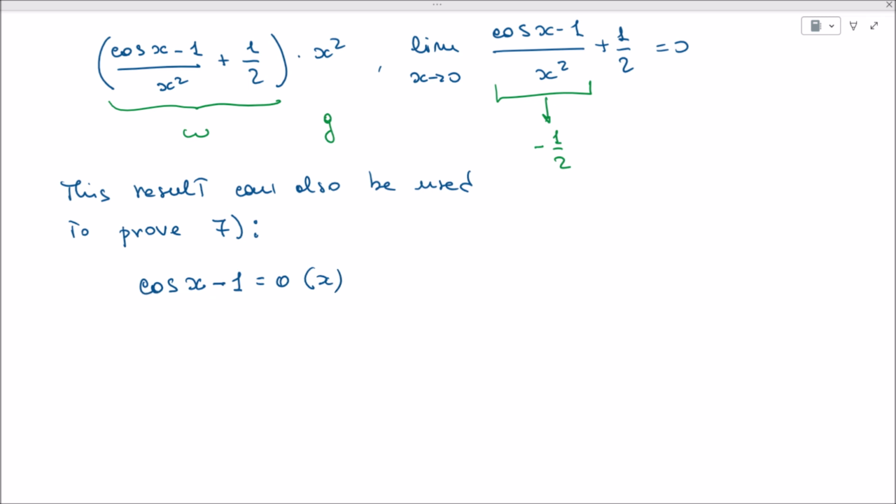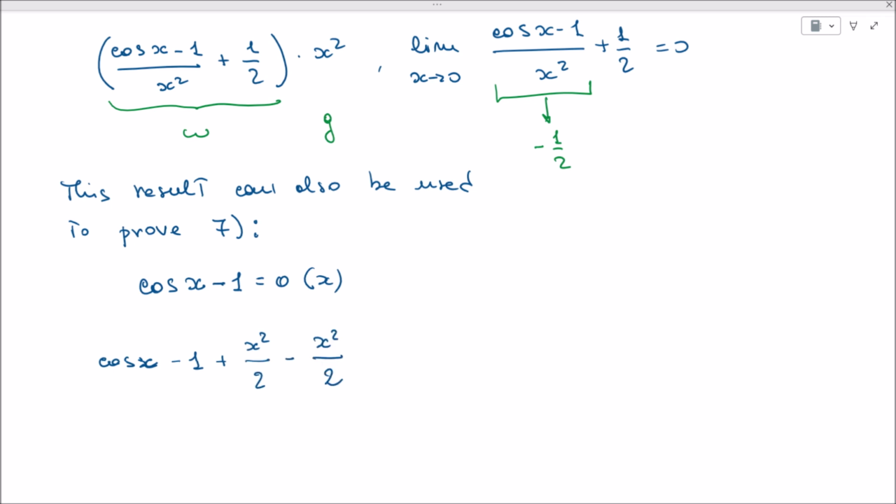So, but now we want to rewrite this as follows. Cosine of x minus 1, okay, and if I add and subtract x squared divided by 2, right?